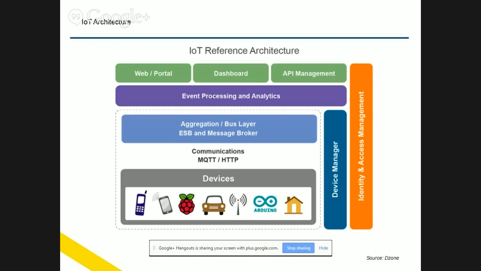The next thing we need to look at is identity and access management. One of the concerns with exposing all the devices that you have to the internet is obviously you have to control access to these devices. You have to ensure that access is available, at the same time, it is done securely.